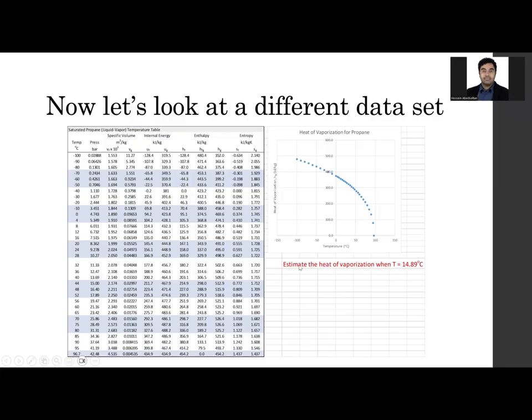Okay. Like here, this is the heat of vaporization, and you have many data that are really close to each other, and they can easily form a curve here for you, so you can really understand how the system is working and how the parameter is changing.